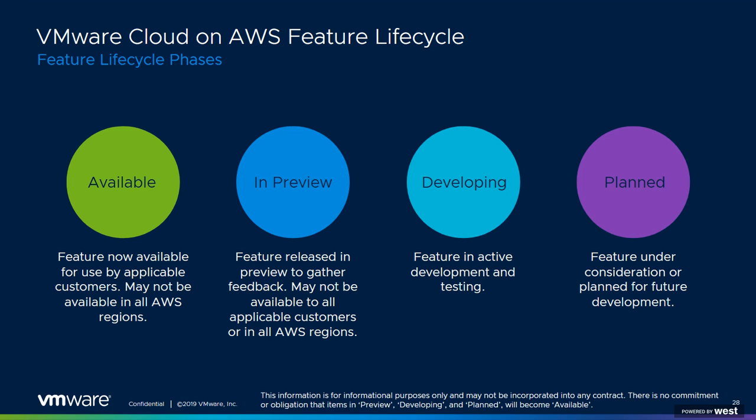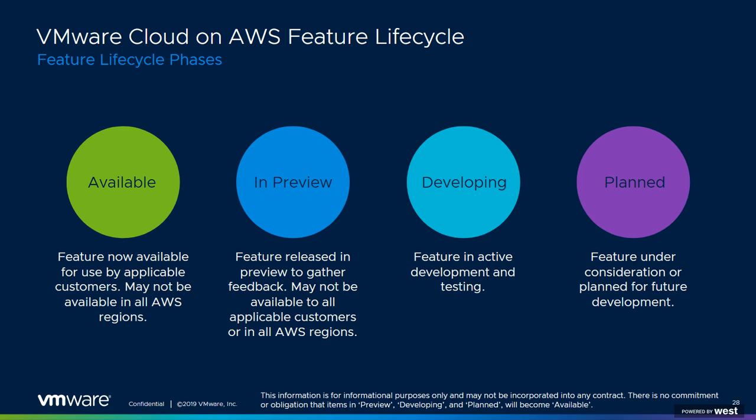One caveat is to understand the terminology for the lifecycle of the features within VMware Cloud on AWS. Available is denoted as a service or feature that is available for all customers when they consume the service as a GA service.